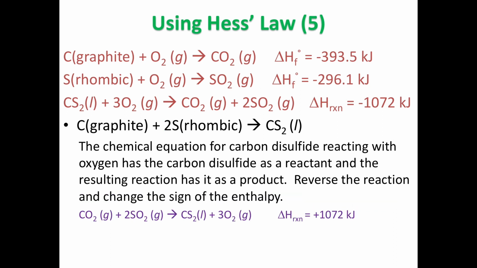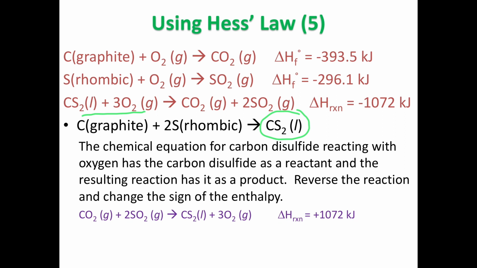The third aspect is putting carbon disulfide liquid as a product in the reaction. The chemical equation for carbon disulfide reacting with oxygen has the carbon disulfide as the reactant, and the resulting reaction has carbon disulfide as the product.